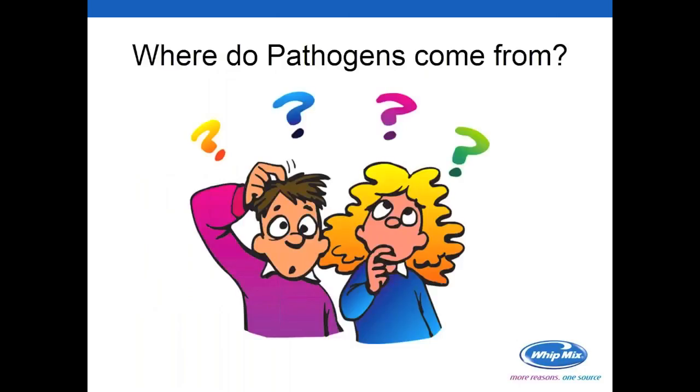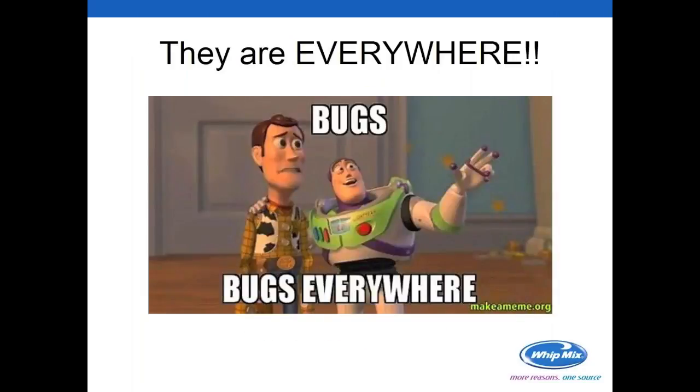All right, so good question. Where do pathogens come from? And honestly, the answer to that question is this. They're everywhere. I like this little slide. Bugs are everywhere. And they are. This entire world is full of all kinds of bugs. Some of them are good and perform good service to us, but they could also be bad for us if they happen to get into certain parts of us.